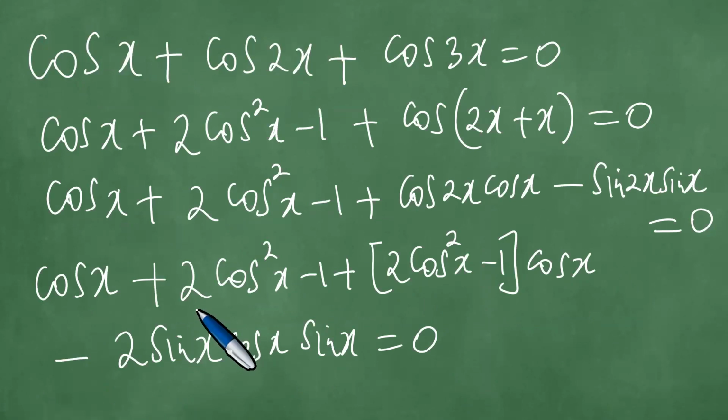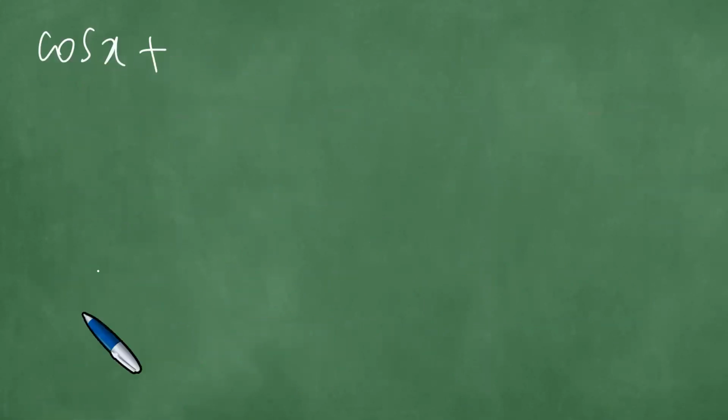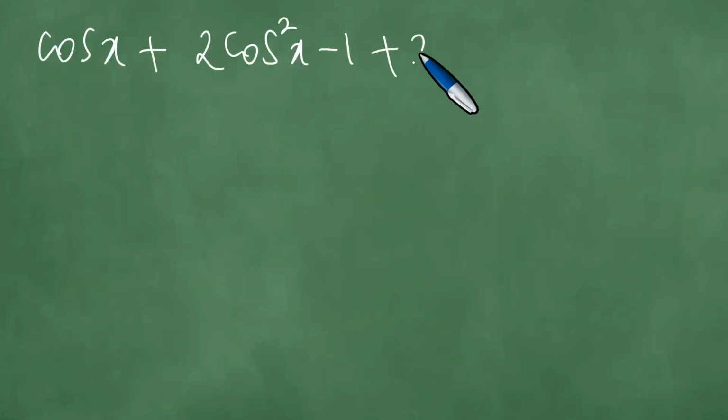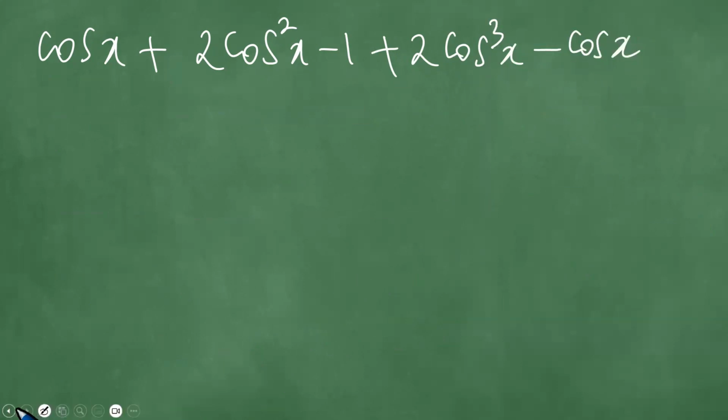So we write here cosine x plus 2 cosine squared x minus 1. Then upon expansion, if you multiply through, it becomes 2 cosine cubed x, so we have plus 2 cosine cubed x minus cosine x.